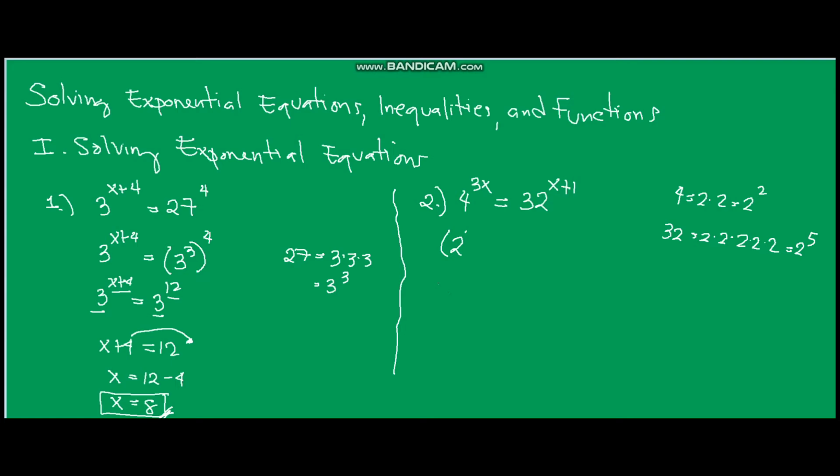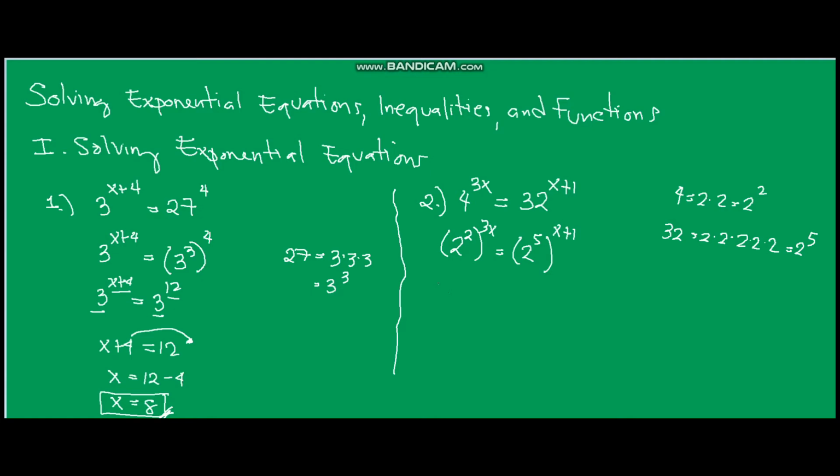Kasi yun yung goal natin. Dapat mapagparehas natin sa dalawa. Again, 4 is 2 squared. Yun yung exponent na 3x. Si 32 will become 2 raised to 5. Then yung exponent na x plus 1.